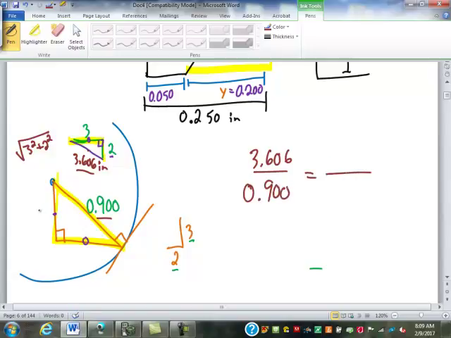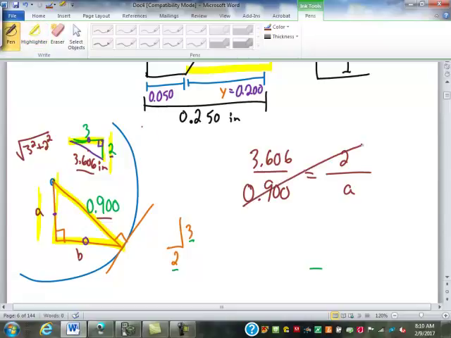Now I'm going to call this A and this B. A, of course, is going to go with the 0.9. It corresponds, because it's vertical, to which side up here? 2. A goes up and down, 2 goes up and down.